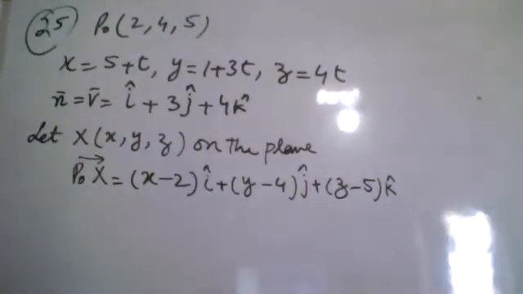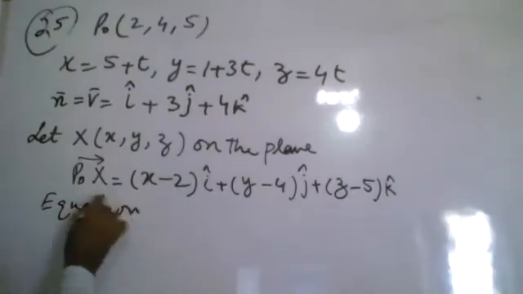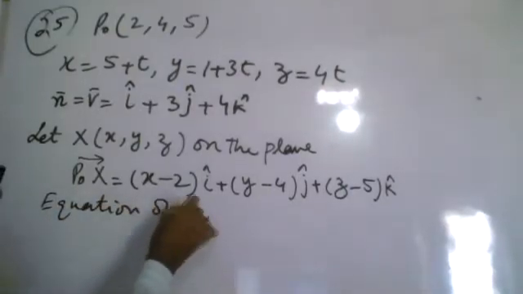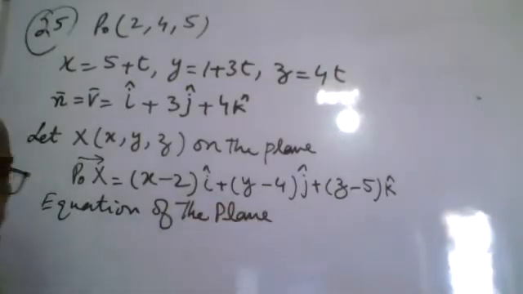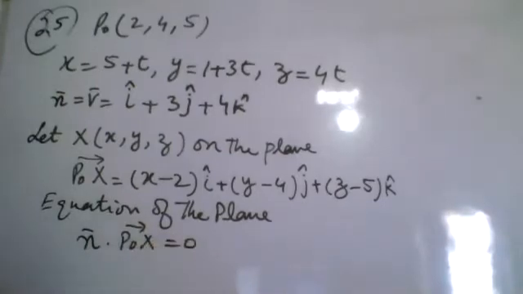This is the vector on the plane, from P naught to X. So that will be the vector P naught X. Now we will find the equation of the plane. The equation of the plane will be n dot P naught X equal to 0.